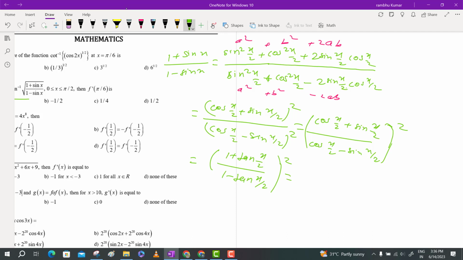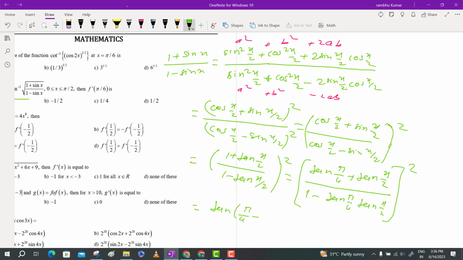And now you know this is equal to (tan pi by 4 plus tan x by 2) divided by (1 minus tan pi by 4 tan x by 2) whole square, and this you can write as tan of (pi by 4 plus x by 2) whole square.